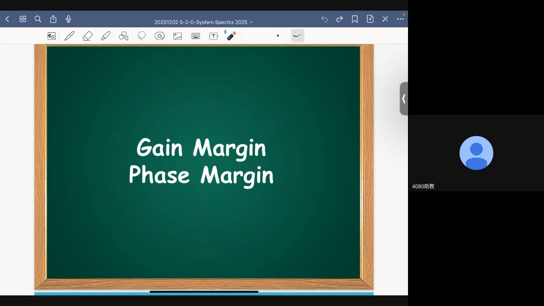But when designing a controller, we usually assume we have a model. Based on the parameters of that model, we design our controller. We place the poles in the region that we think will give us a satisfactory result.